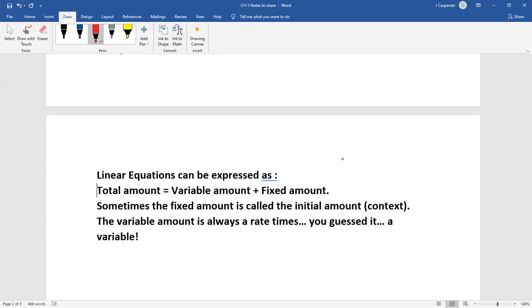So when we come back next time, we're going to go back to those 3 or 4 examples, and we're going to write up equations, something like y equals 3x plus 5, where the 3x would be your variable amount, and the 5 would be your fixed amount. So this 3 is always the amount per blah, blah, blah.